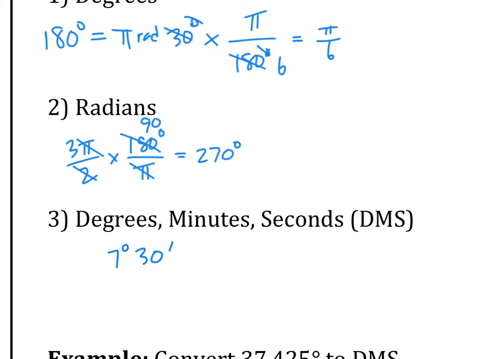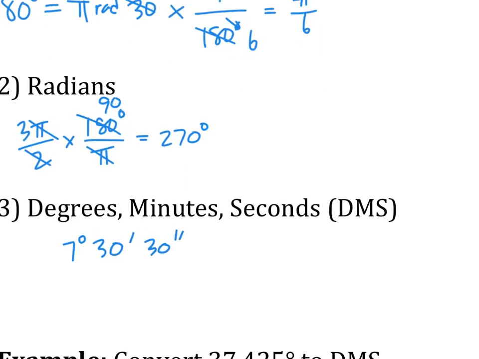That actually means minute in this case. Okay, and then let's say it's also 30 seconds. The way they write seconds is 2 lines, kind of like inches, but 2 lines means seconds. So let's say that we have 7 degrees, 30 minutes, 30 seconds. We want to convert that whole thing into just degrees.